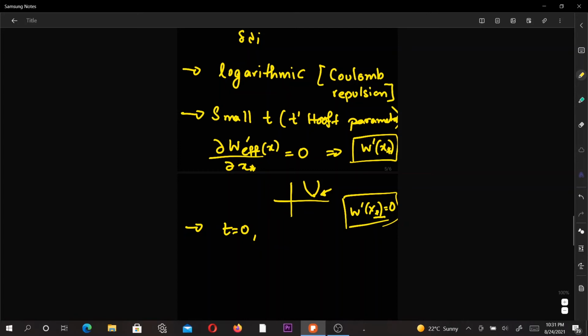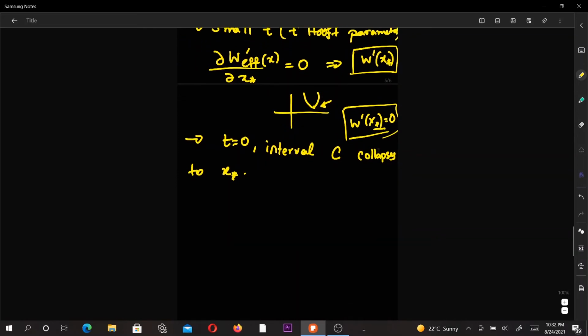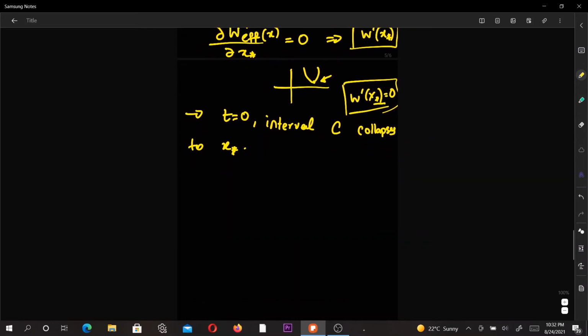The distribution of eigenvalues is just at x star. So the interval C, the eigenvalue distribution, collapses to x star. It's not an interval anymore, it's just a point. All of the eigenvalues are at that point. So there is no distribution, only one eigenvalue.